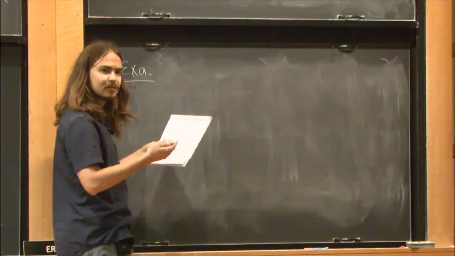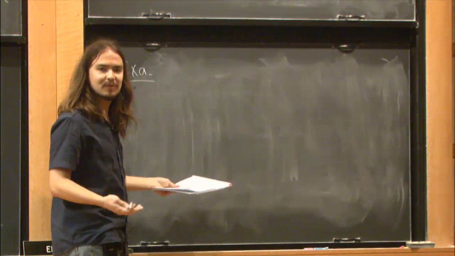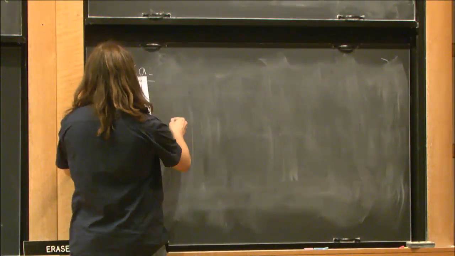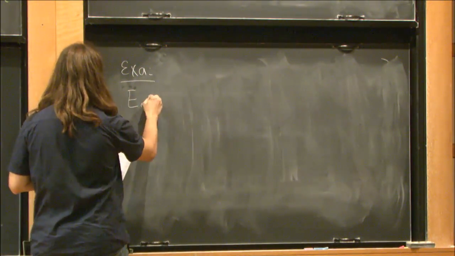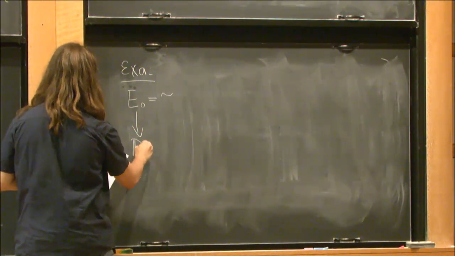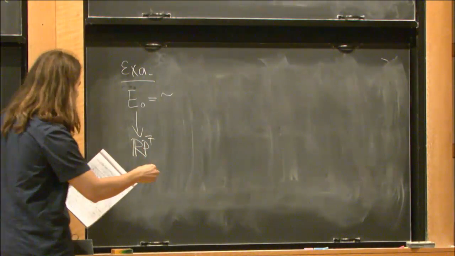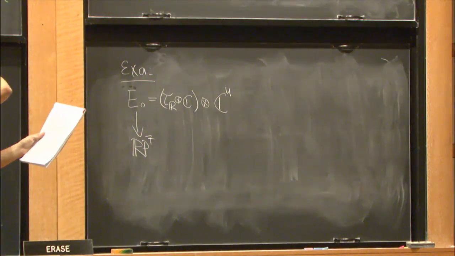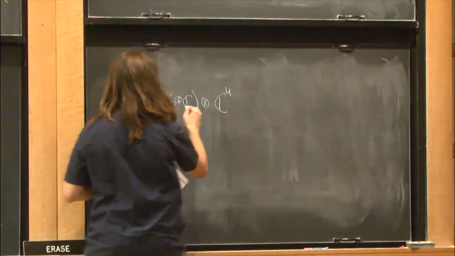The standard such example works roughly like this. So one can take E0 to be E0 over RP7. And so this is rank 4.